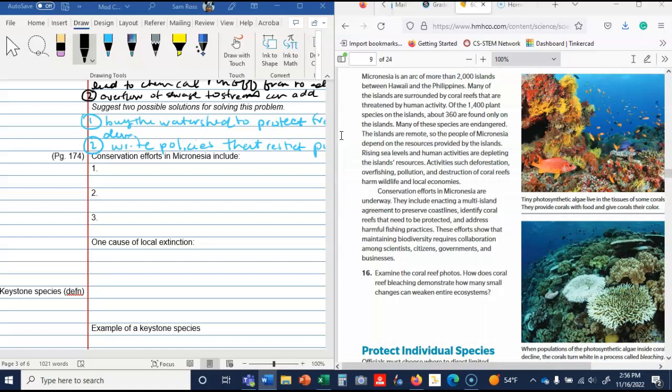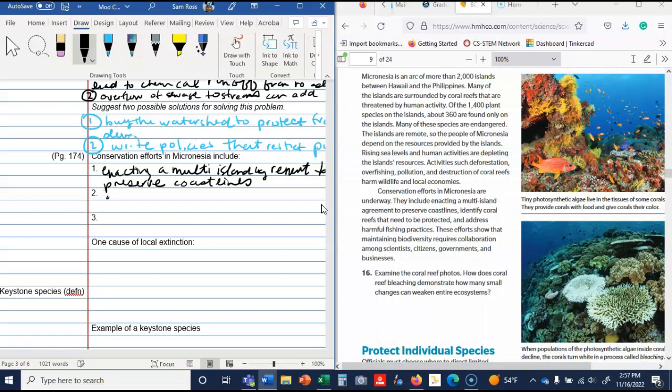They are enacting a multi-island agreement to preserve coastlines, identify coral reefs that need to be protected, and address harmful fishing practices. So this is enacting a multi-island agreement to preserve coastlines.